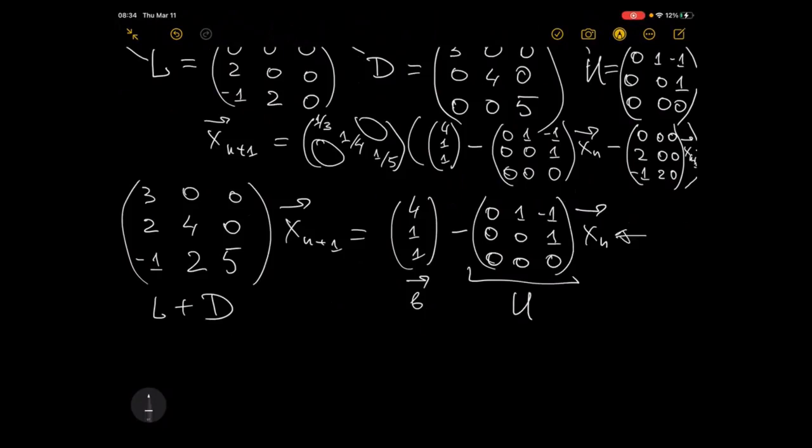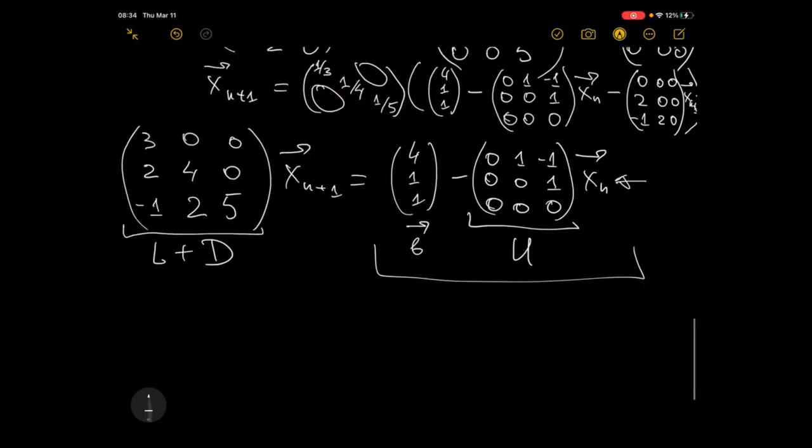So you can multiply it and then you're getting a system with a lower triangular matrix for some right hand side. As a result, you can solve it using forward substitution.